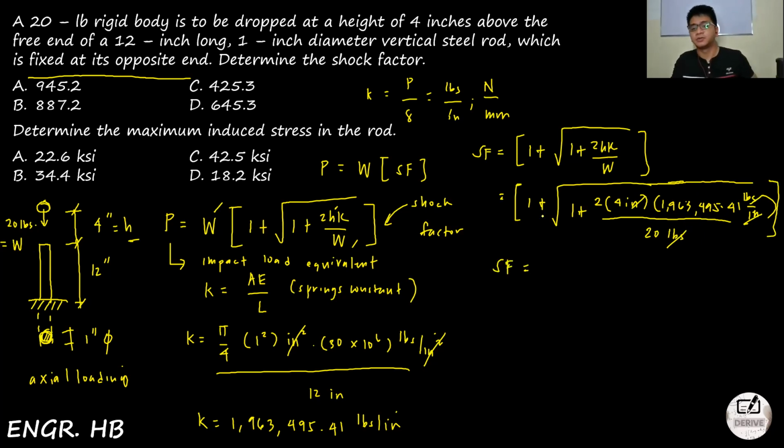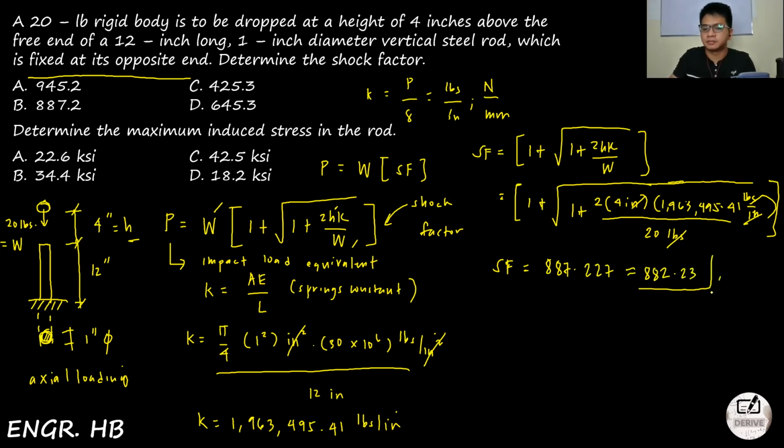So our shock factor will be, so yung K mo kanina wag mo naburahin, times mo yun ng 2, times mo yun ng 4, divided mo yun ng 20, plus 1, square root nun, plus 1, and there you have it. Our shock factor is 887.227 or 887.23.